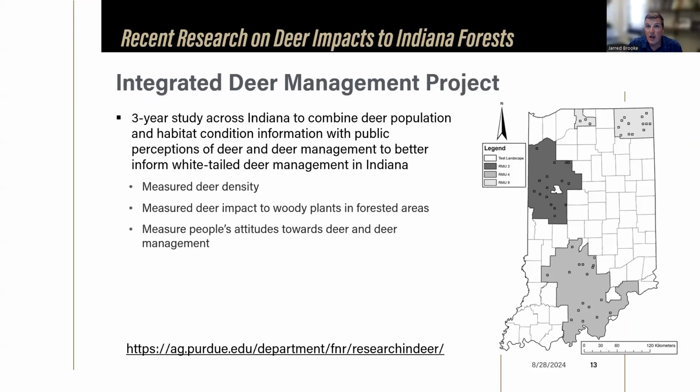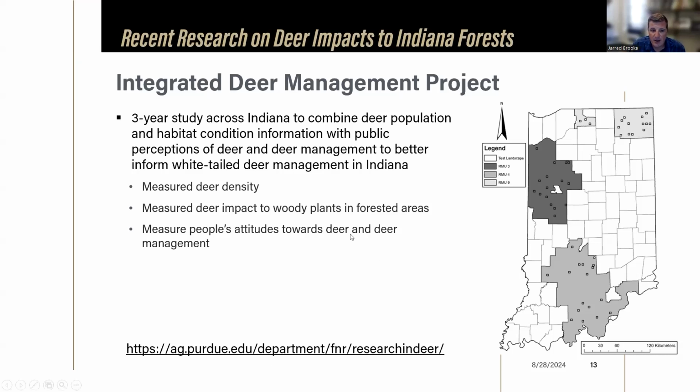So in 2018, we started a 3-year project called the Integrated Deer Management Project, which was a study across Indiana that combined deer population and habitat condition information with public perceptions of deer as a way to improve deer management throughout the state. So we measured 3 different things in a variety of ways. We measured deer density, we measured deer impact on woody plants in forested environments, and then we measured people's attitudes towards deer and deer management.